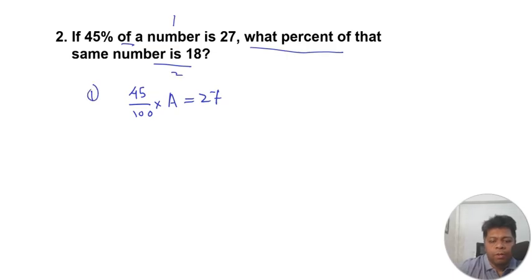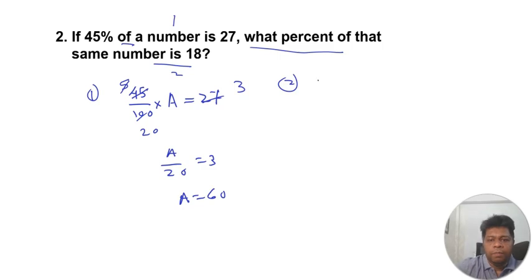Now let's try to find A. We can divide by 9, 3 and 5; dividing by 5 gives 20. So A by 20 equal to 3, and the value of A will be 60. Now go to the second part: what percent of that same number is 18?